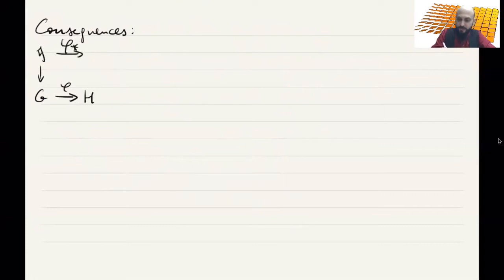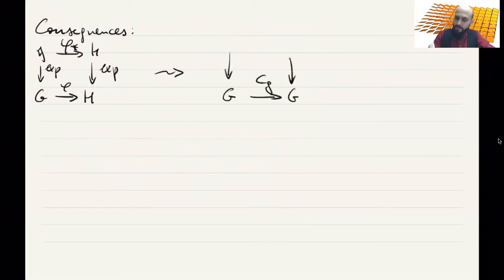So as a consequence, let me recall that whenever we have a homomorphism, then you can pass to the associated Lie algebra homomorphism, and then you have this commuting diagram. Now, what does this give in the case of the conjugation, for example? If I take the conjugation, then pass to the Lie algebras, this by definition is Ad_g, right?